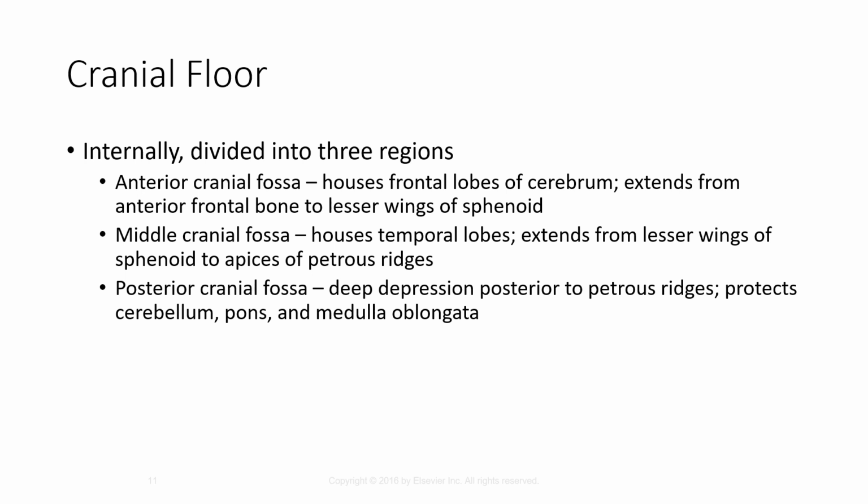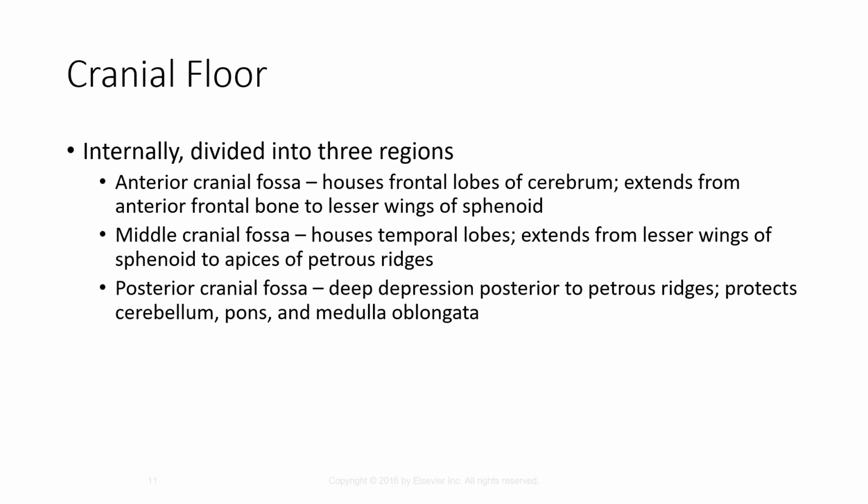So nice job. All right, our cranial floor, internally divided into 3 regions: anterior cranial fossa, middle cranial fossa, and posterior cranial fossa. So I just got done telling you that the only true cranial floor bones were the ethmoid, sphenoid, and left and right temporal bones.